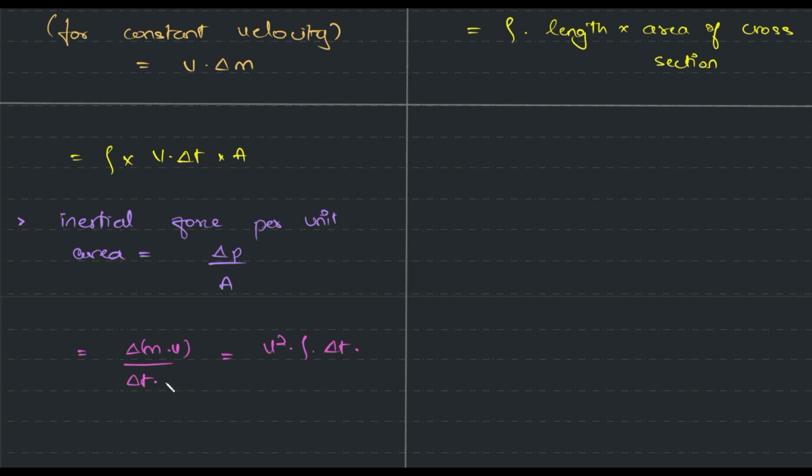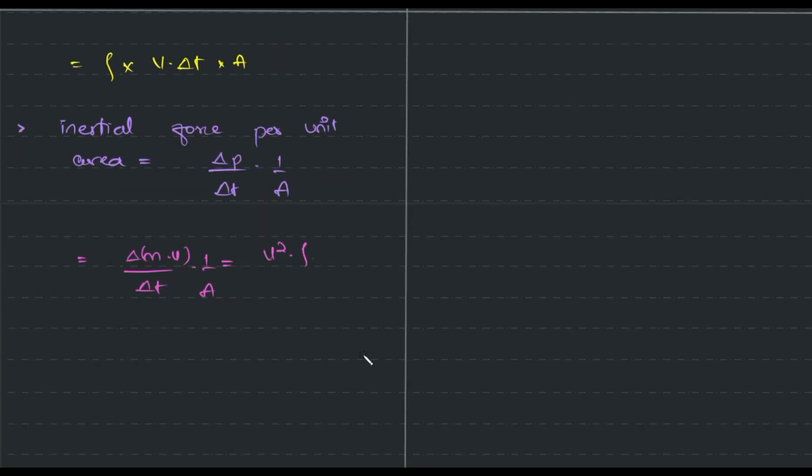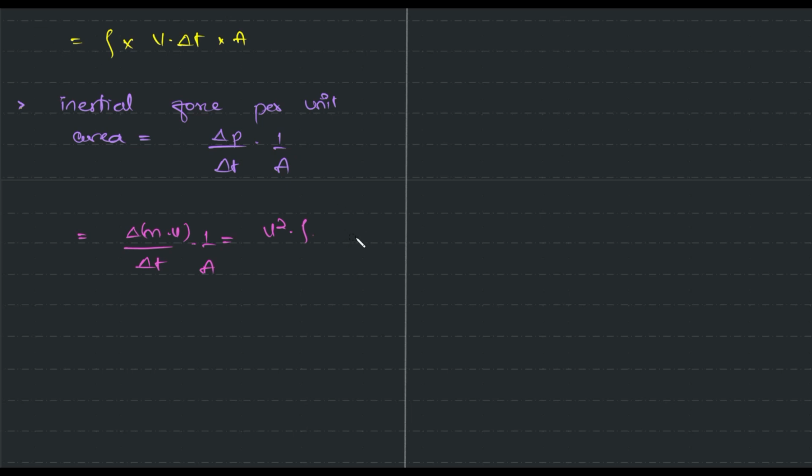Rate of change in momentum, my bad, there's one more thing that I missed. Change in mass is rho v delta t A, and when I substitute it, v into v is v square. Here we have delta t by 1 by A, so delta t and A will get cancelled. We have v square into rho. Okay. Now let's move on to the next step.